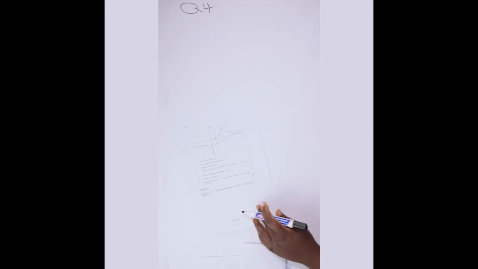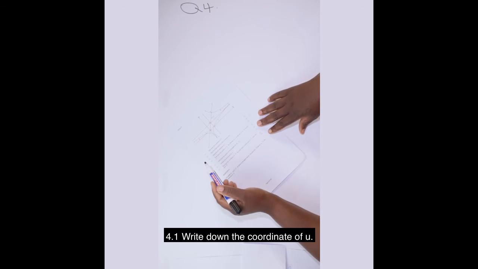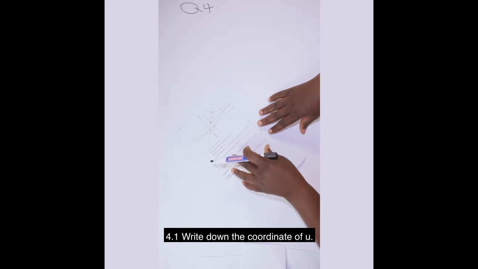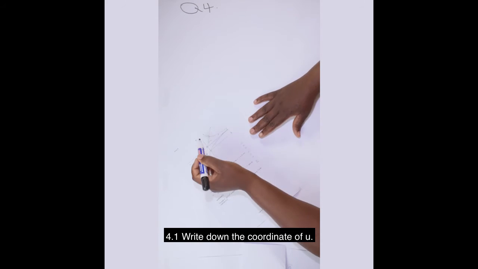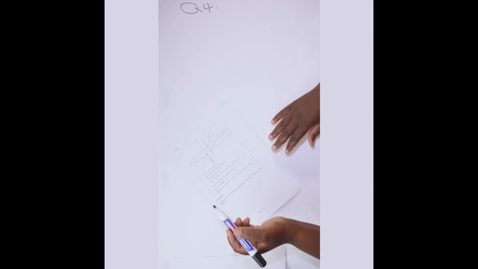Okay, let's check. This is question 4 still. Question 4.1 says, write down the coordinates of u. Remember, folks, u is on the asymptote that passes through the x-axis.